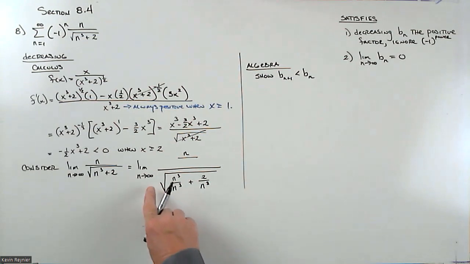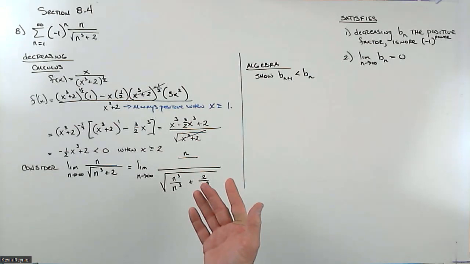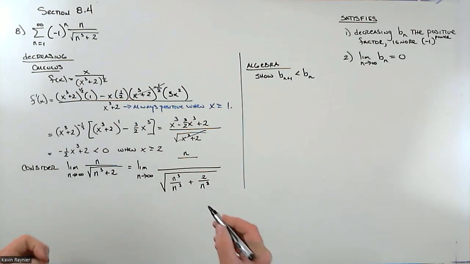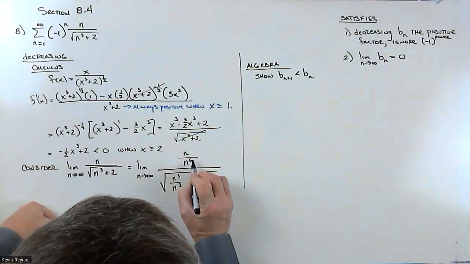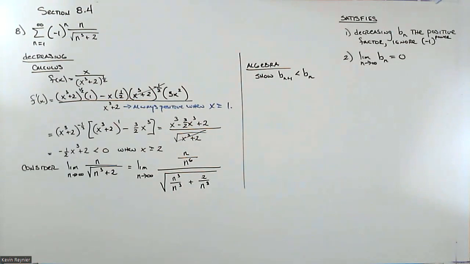So when I bring n cubed out, what n did I put in here to make n cubed? It's n to the 6th, right? So this is going to be n to the 6th out here. Now what are we left with? We're left with the limit as n goes to infinity.